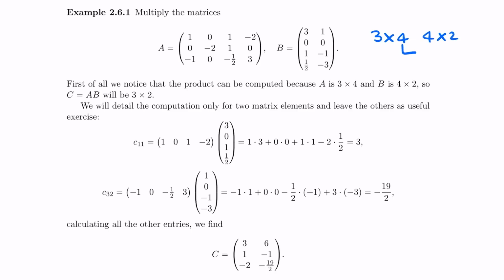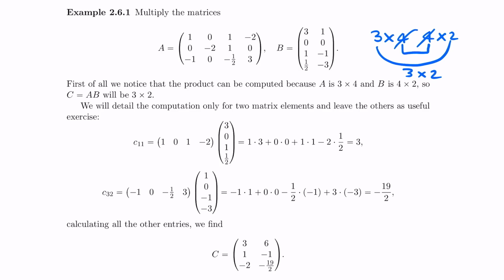So the inner dimensions agree, and we are left with a matrix product that has dimension 3 times 2. It will take too much time to detail all the computations for the entries of the matrix product, so I will just do that for 2 of them and leave the others as an exercise.